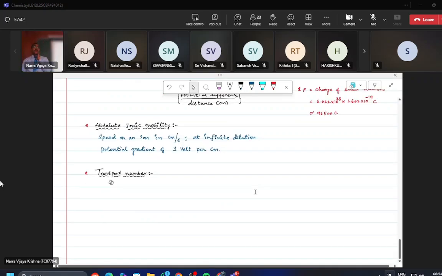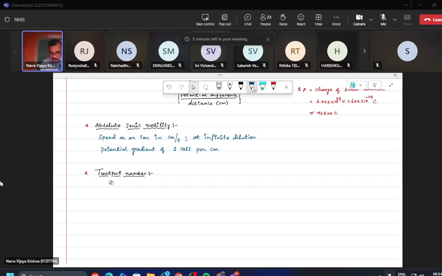Now, by applying voltage, ions are moving from one position to another position. Because of the movement of these ions, there is electrical conductance, right? Then the fraction of current carried by one ion is called transport number, right?